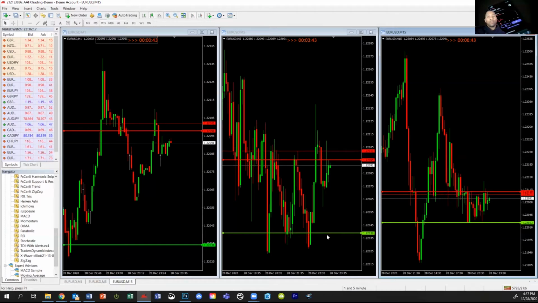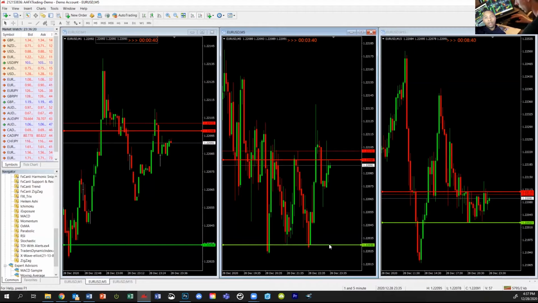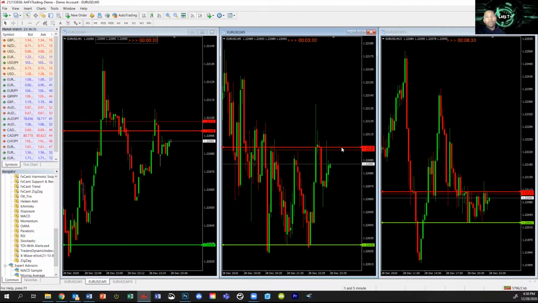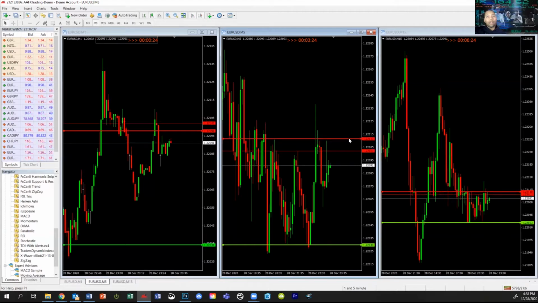So I'm going to duplicate that on my other charts, and I just want to make sure that it makes sense when I'm doing it on my other charts.